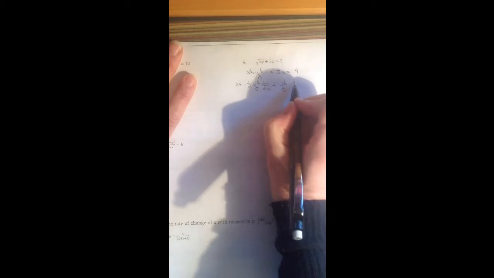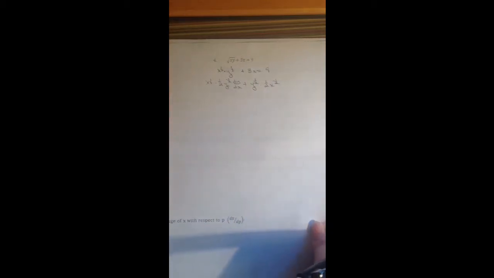Plus, we leave y to the 1/2 alone, and we take the derivative of x to the 1/2 as 1/2 x to the negative 1/2. We don't have a dy dx because x is x. So you could make it dx dx if you wanted, but that would sort of be pointless.